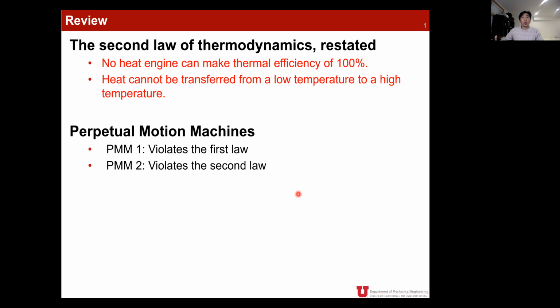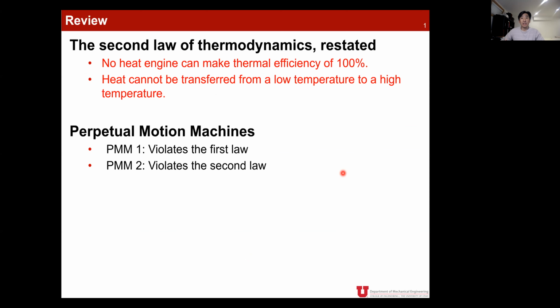Before we go further to discuss today's lecture, I really want to review what we learned in the last lecture. In the last lecture, we learned about the restatement of the second law of thermodynamics. We learned that the second law can be restated that no heat engine can make thermal efficiency of 100%.